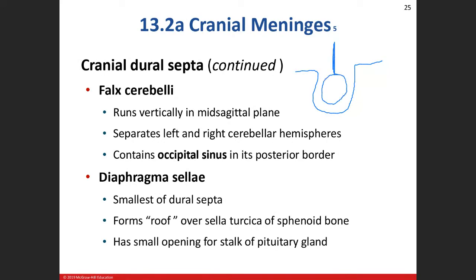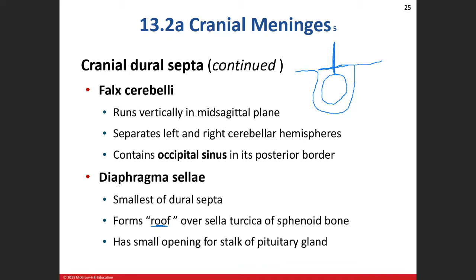There's a little bit of Dura Mater that sits right across there, and we call that the diaphragma sellae. It creates a roof, or covering, over the pituitary gland. There's a little hole in it so the pituitary infundibulum can poke through and reach the hypothalamus. Like I said, it's the little roof there.